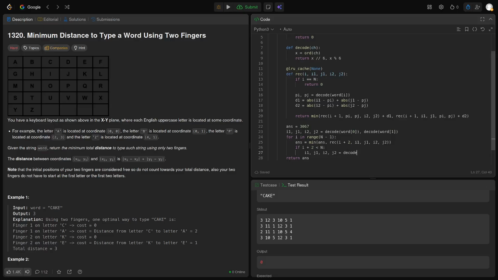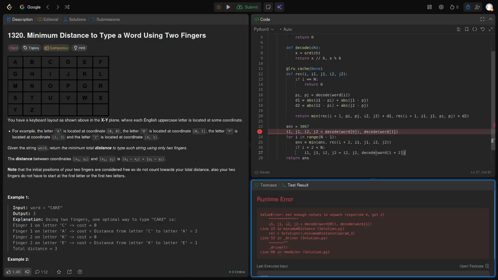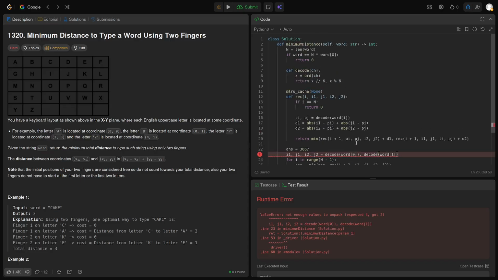Yeah, word I plus, oh, no, should be like I2 J2, decode word I plus 2, like that. What? Expected 4 got 2. That's weird.